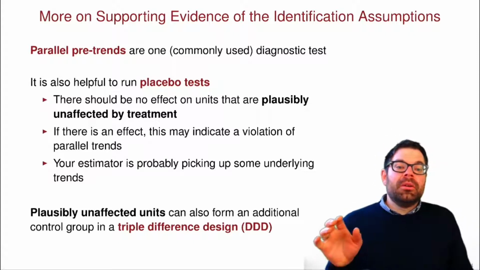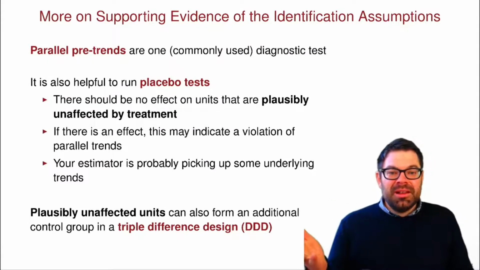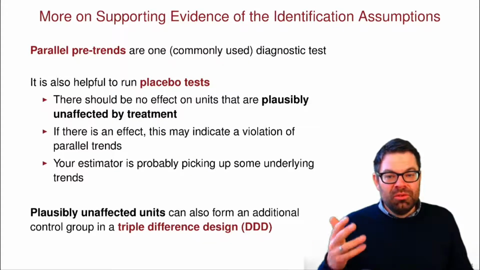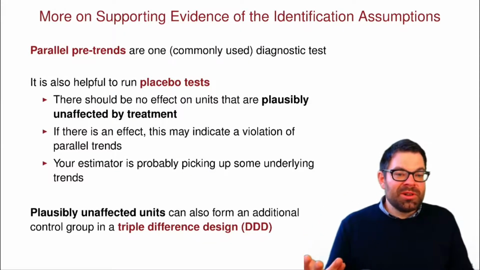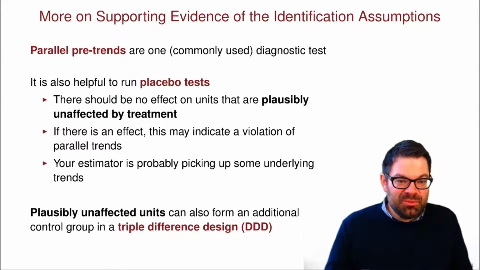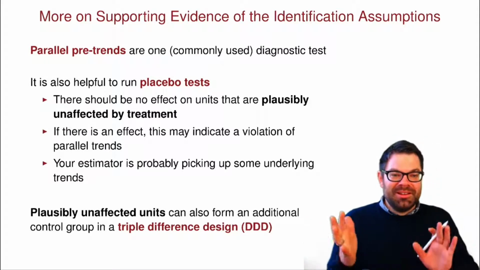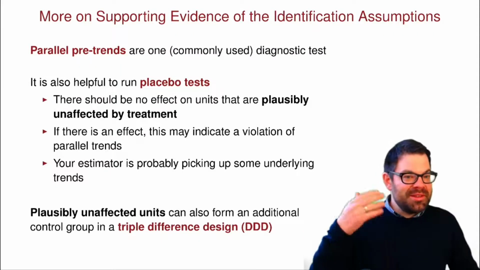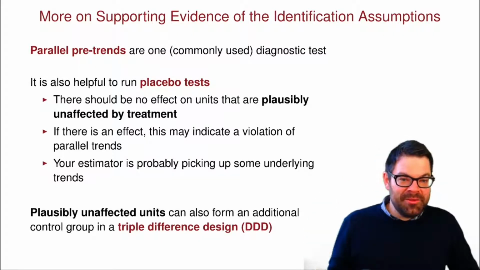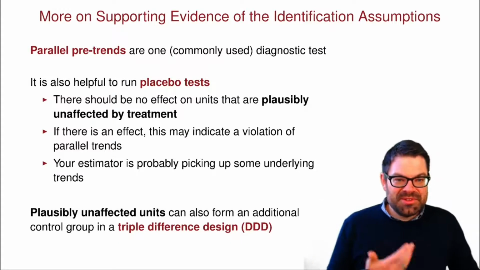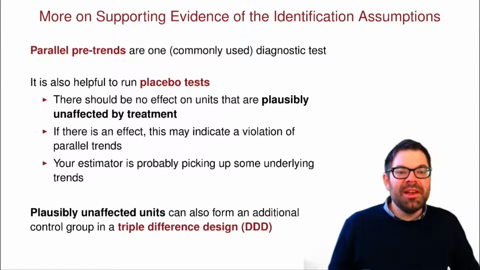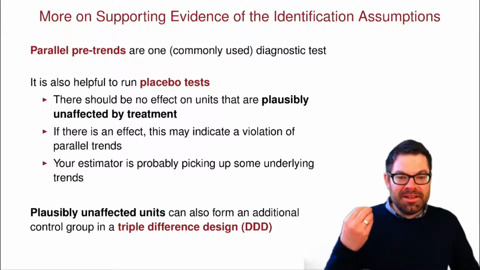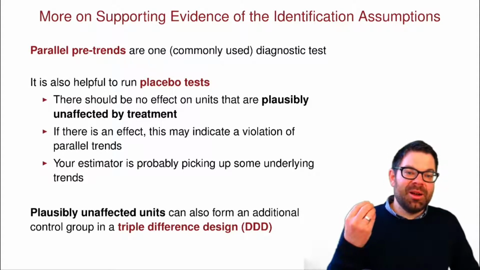Now, when you run any difference in difference design, you need to bring supporting evidence for the identification assumption. And that doesn't only hold for the difference in difference design. For any causal inference, whether it's through an experiment or through IV, RD, difference in difference, synthetic controls, whatever you use, you always need to justify why your identification assumptions are valid.